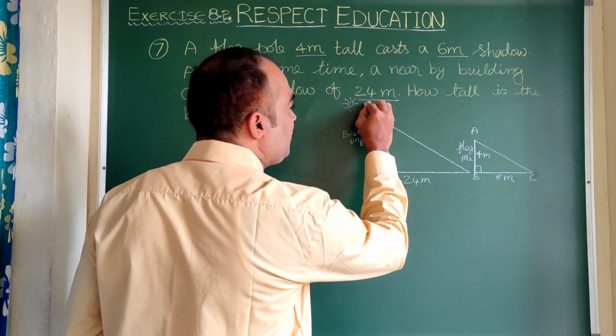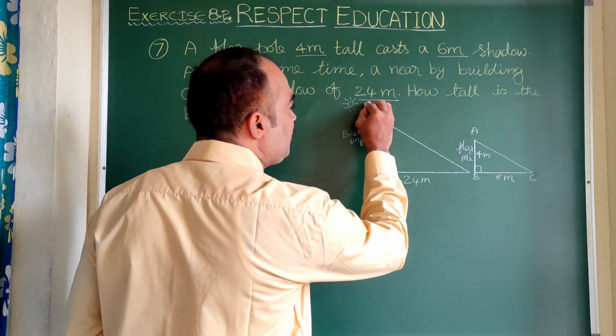Here you observe angle B and angle E both 90 degrees. So here I am writing angle B is equal to angle E is equal to 90 degrees each. And here if you observe carefully, DF and AC both are the sun rays.